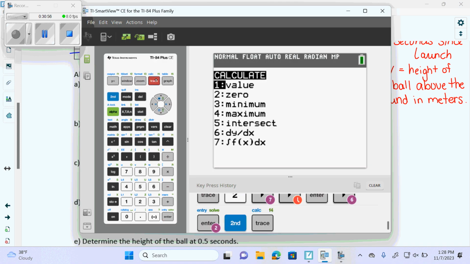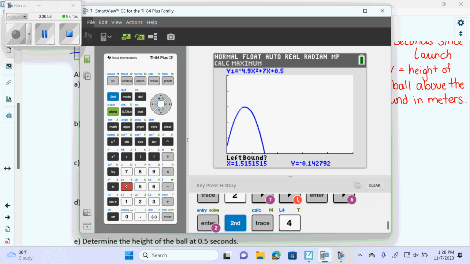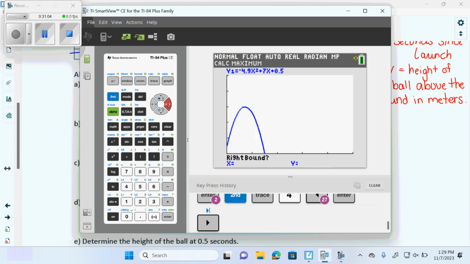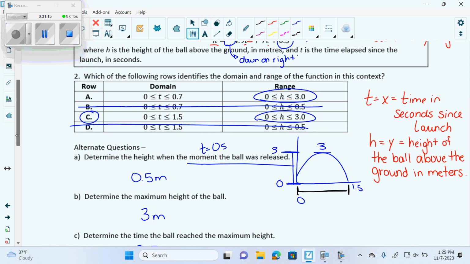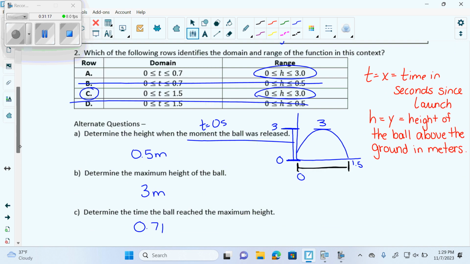At what time did it reach the maximum height? Second trace, 4, left bound, enter, right bound, enter, enter. 0.71 seconds. Should be seconds. Yeah.